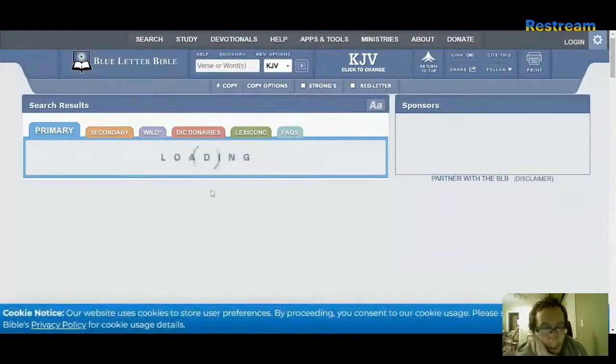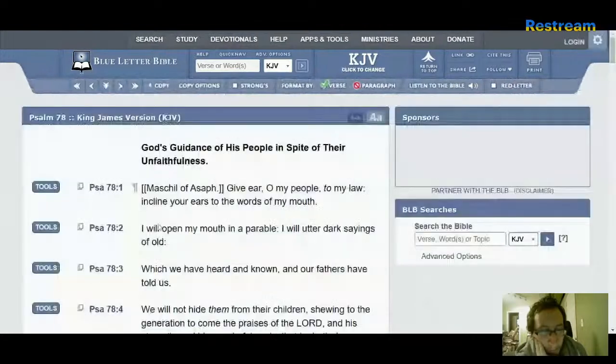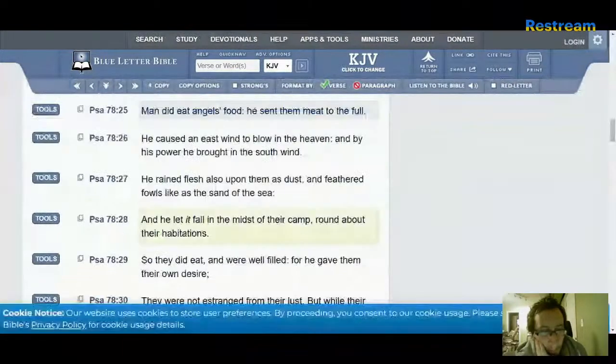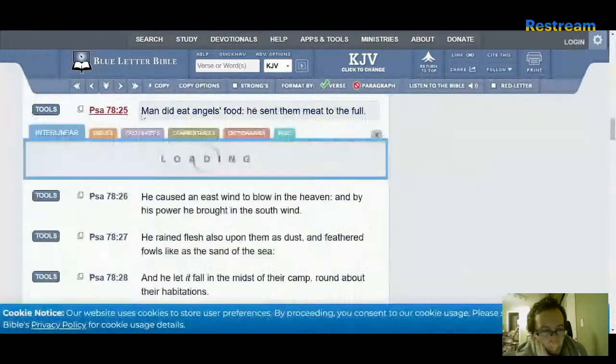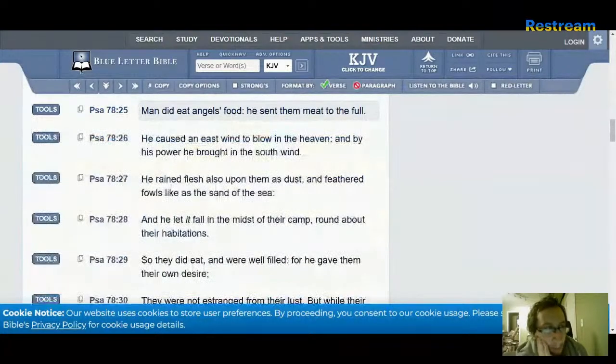Man did eat angels' food. So it actually doesn't say angels' food. It says the food of strong ones man ate. Man ate the food of strong ones. So it could have nothing to do with angels at all. This could actually be a completely bad translation. So that's important to keep in mind.